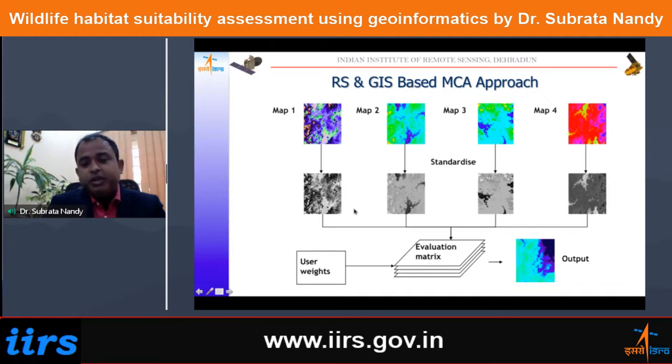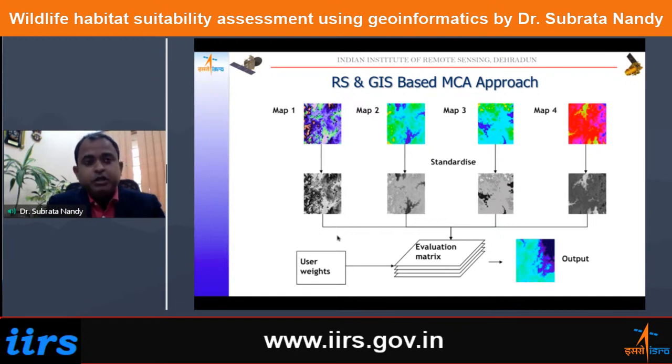Now, how will we combine? Simply combining would mean giving equal importance to all, which is not the case, because it is species specific. Giving the weights, as I said, in the 1970s or earlier times, people used to do based on expert opinion, but after this, people started giving these weights using AHP, the analytical hierarchy process.